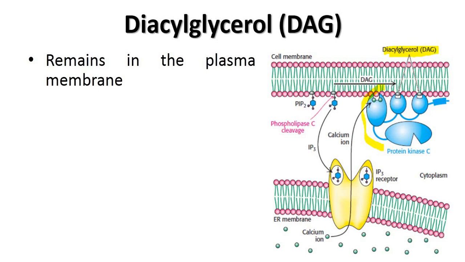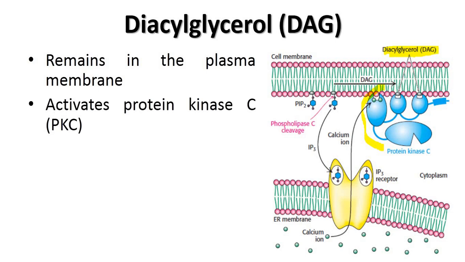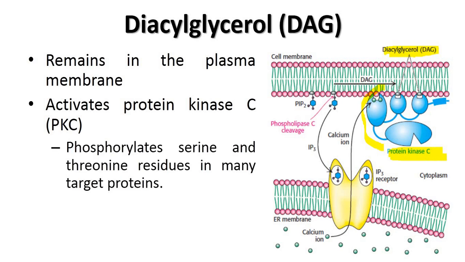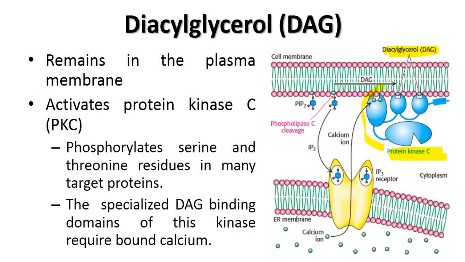And by remaining in the plasma membrane, diacylglycerol activates protein kinase C, also called PKC. Once protein kinase C is activated, it will phosphorylate serine and threonine residues in many target proteins, and the specialized diacylglycerol binding domains of the kinase will require calcium, and that calcium you are getting through the inositol triphosphate pathway.